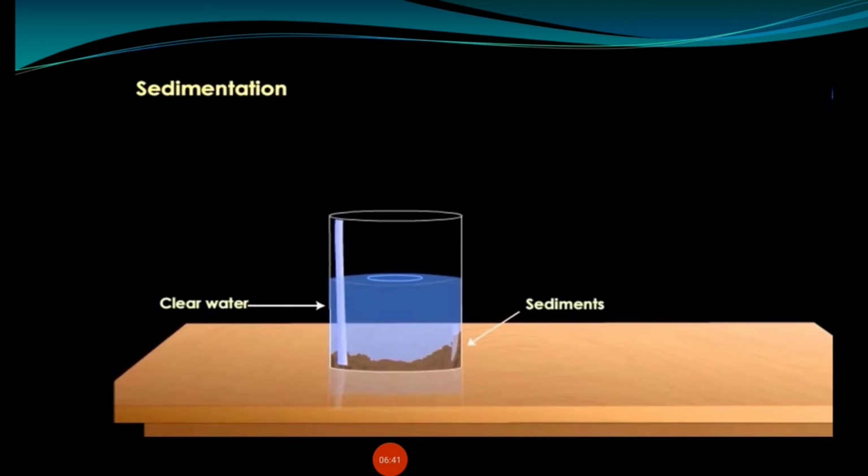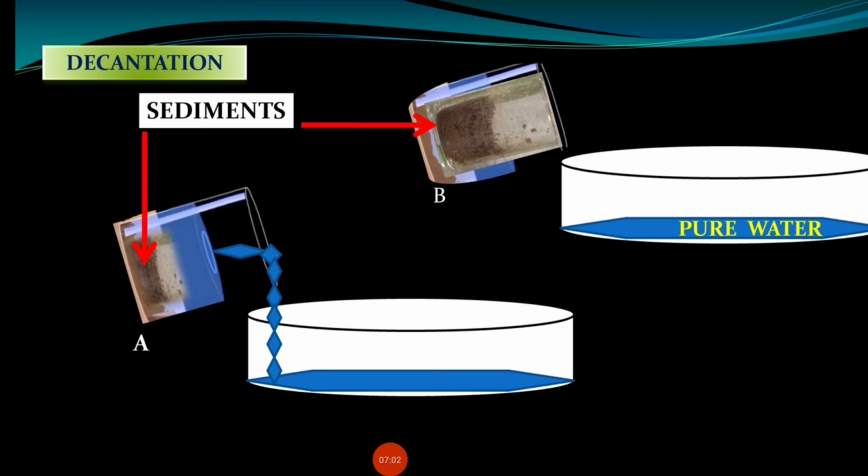If we remove the top layer without disturbing the settled solid, we can separate the liquid from the solid. The process of settling of heavy solid at the bottom is known as sedimentation. Now, what is decantation? The removal of the clear layer of liquid without disturbing the settled solid is known as decantation.